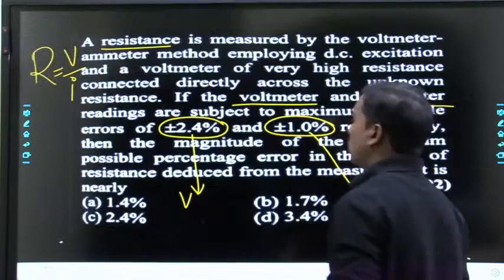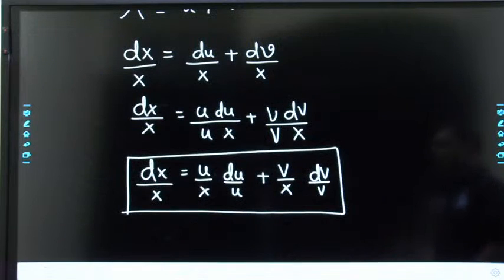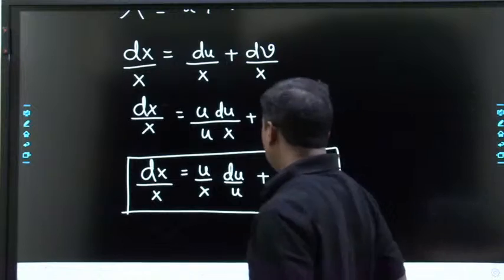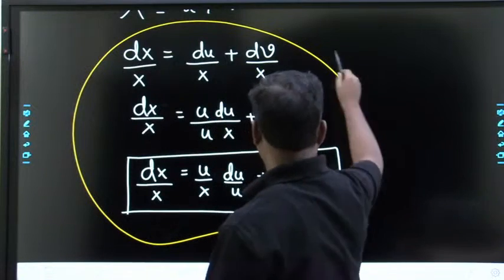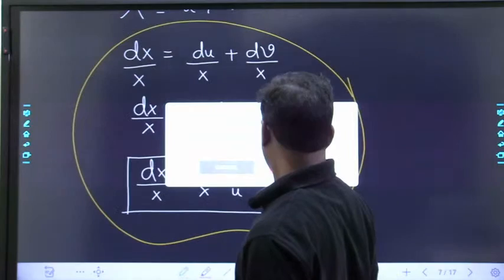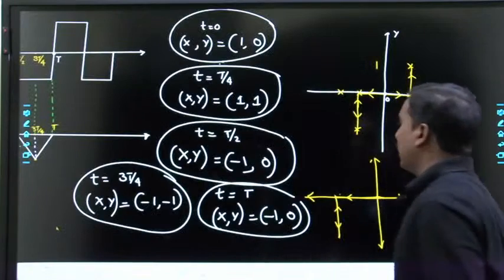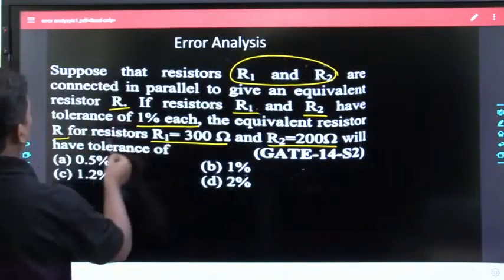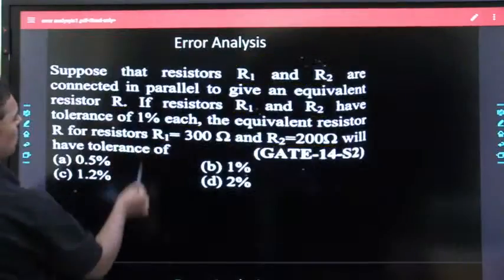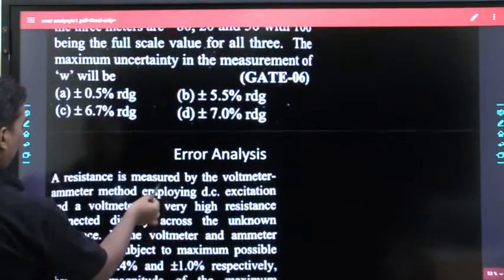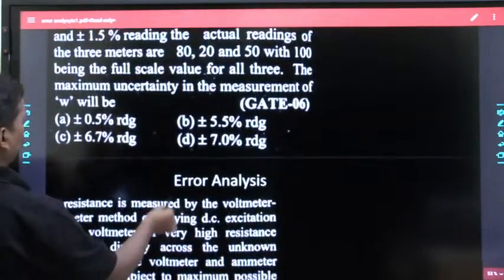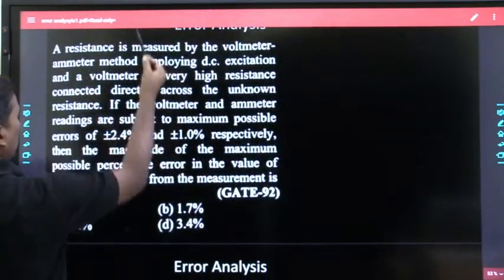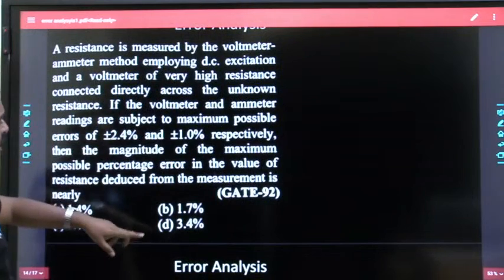You may be having a doubt, sir. Previously we have taken like this. In the previous problem, we have directly taken V by 3.4%.